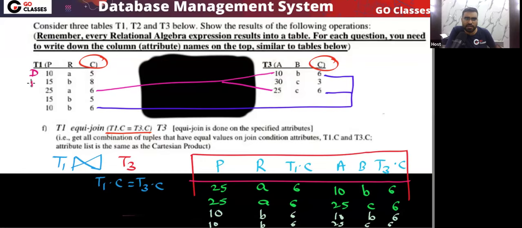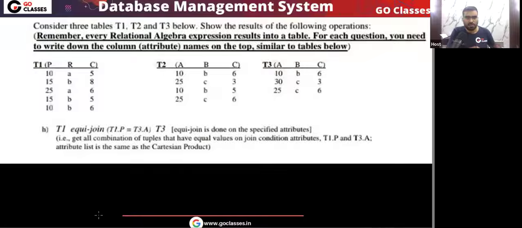This is a dangling tuple, another dangling tuple. This D means dangling. Another dangling tuple is this. So there are four dangling tuples. Let's move on.